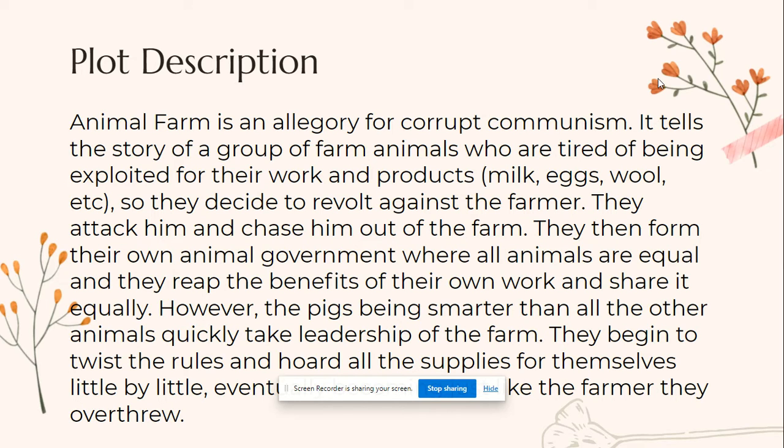They don't have to work as much as the other animals. They receive more luxury items, more benefits than the other animals. And they do this little by little so that it's really difficult for all the rest of the farm animals to even notice that they're doing it, until eventually they are not working at all. They have all of the food, and the other animals are starving. And they are just like the farmer that they overthrew in the end.